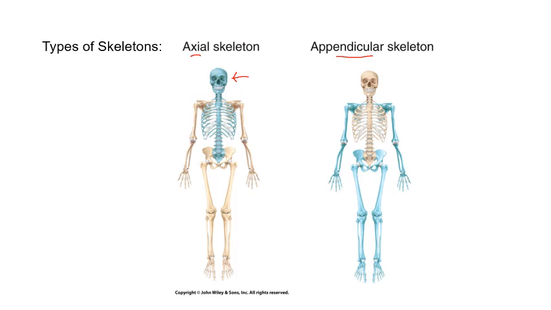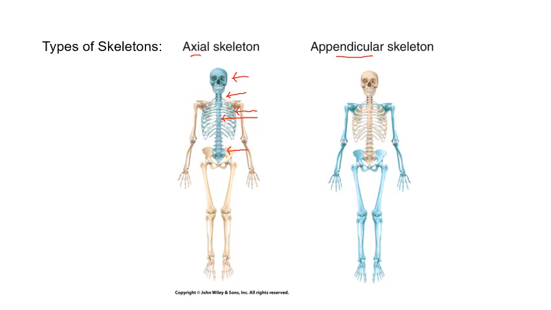It includes the spinal column, or the vertebrae. We have our ribs are included in that. We have, can't really see it very well here, but the sternum, that's part of it. And down to the sacrum. So this is kind of the central or the axle of the skeleton.